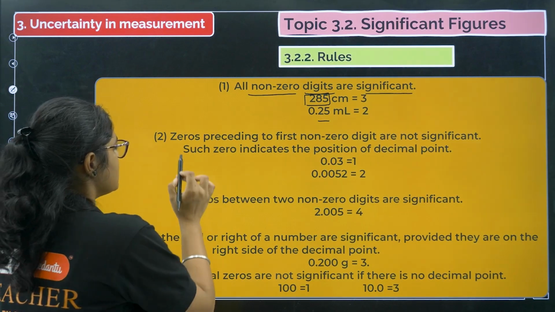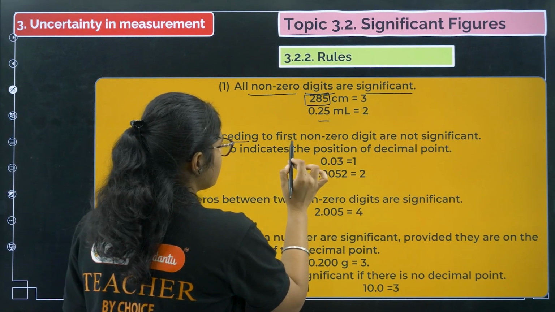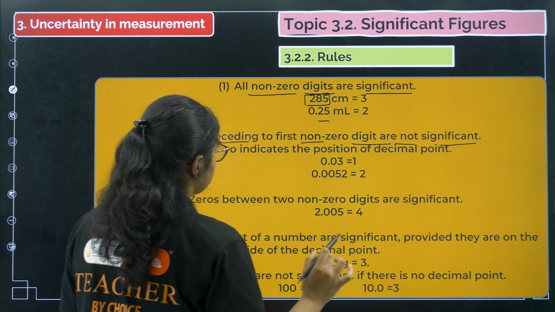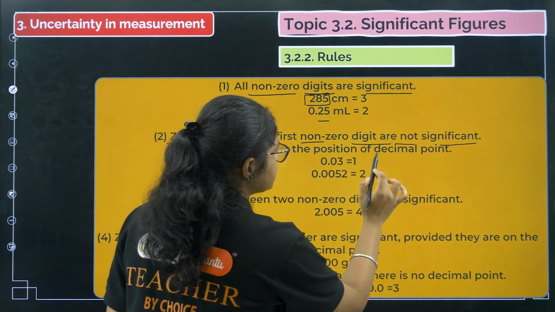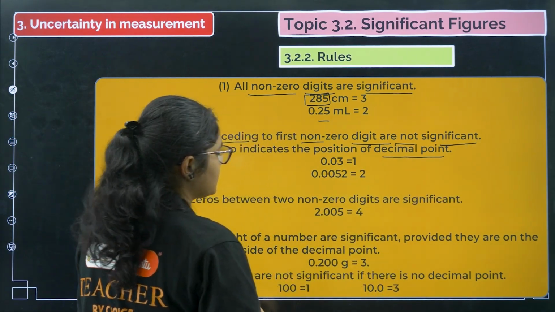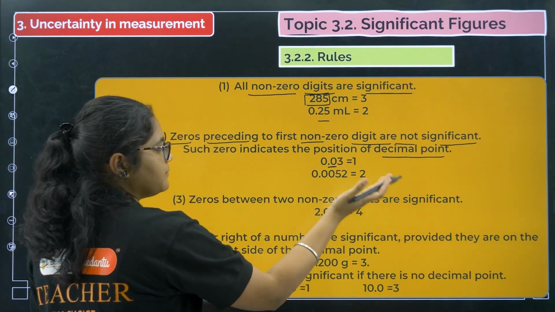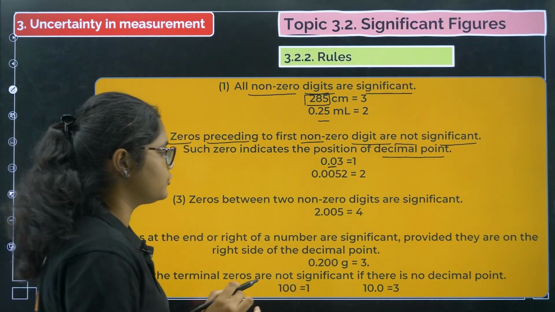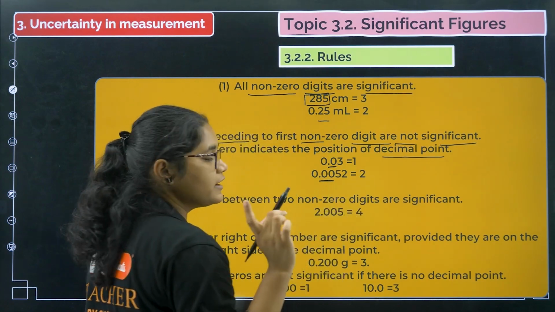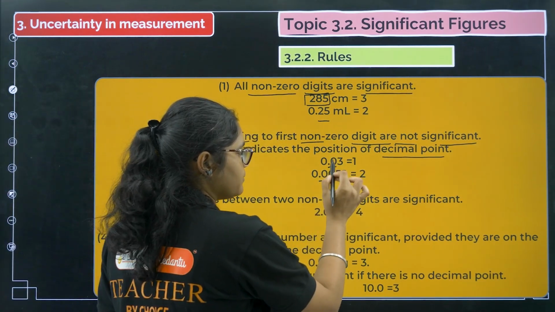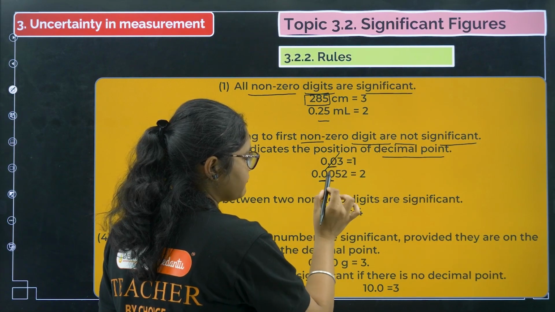Now the second rule: zeros preceding the first non-zero digit are not significant. Such a 0 indicates the position of the decimal point. You can see the 0 present before the first digit is not included in the significant figures, so you have only one significant figure.